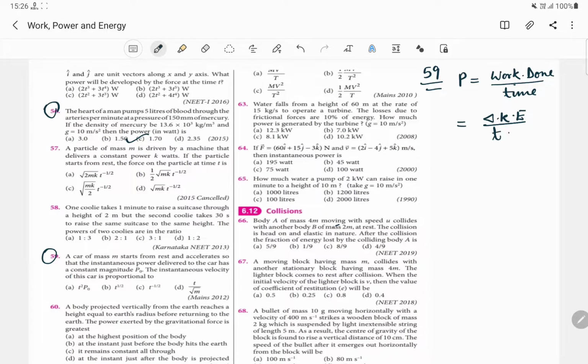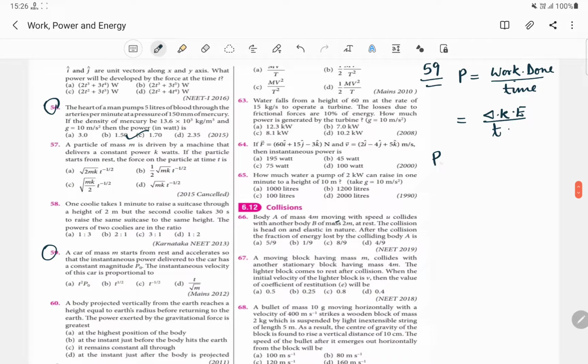So power p will be the constant power p naught, and the change in kinetic energy will be half m v square minus 0. Why 0? Initial kinetic energy is 0 because the body has started from rest.